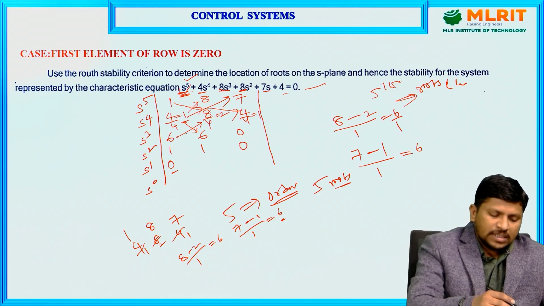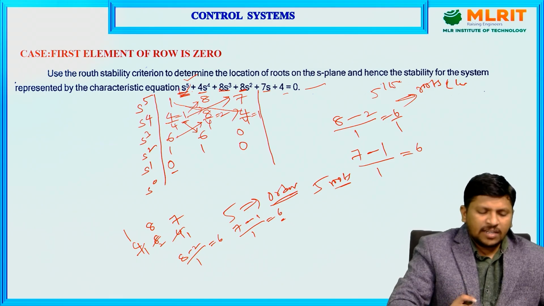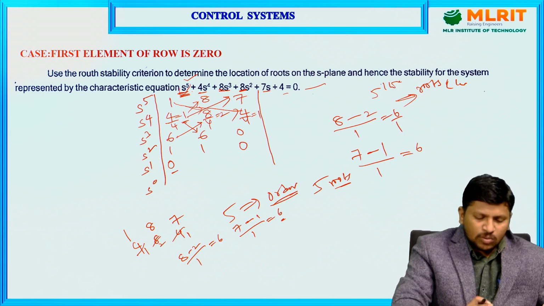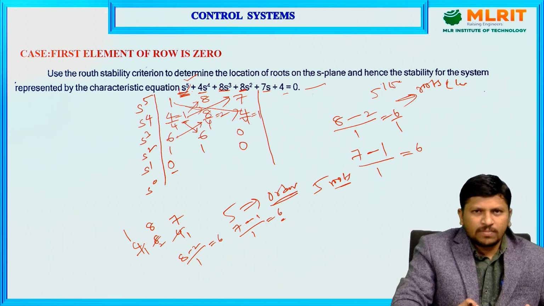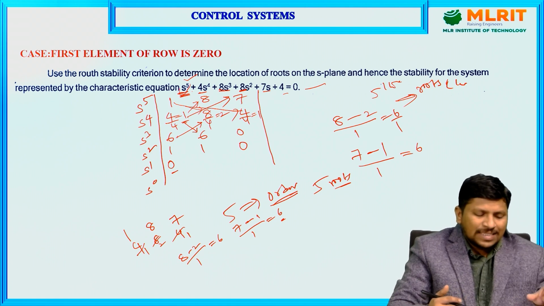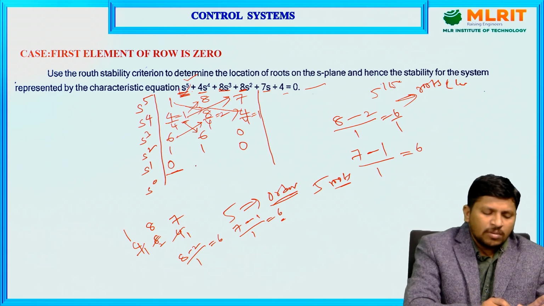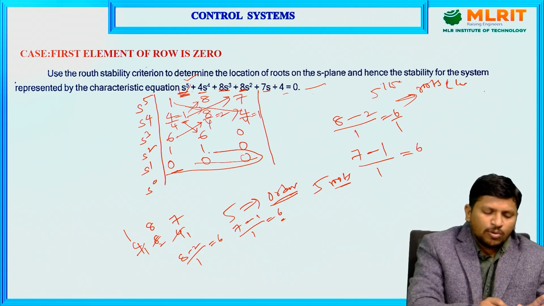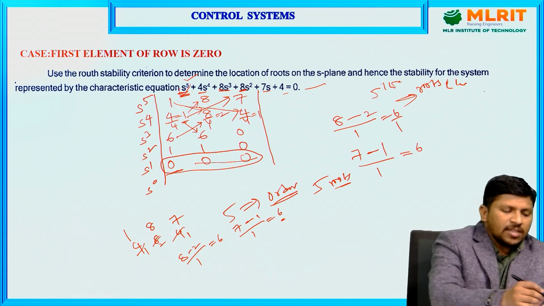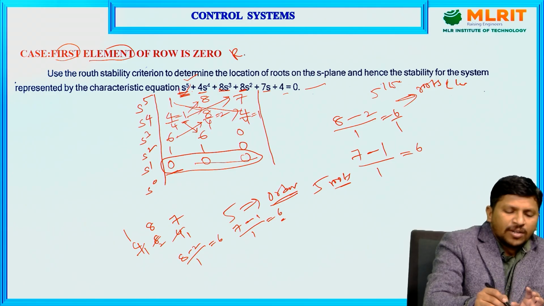So this is how to design the RH criterion or array matrix. This procedure we need to follow. Next we are going to solve this condition. If the element is 0, or both elements are 0, we are going to get the zeros in this condition: first element 0, or else a complete row, any row, 0.